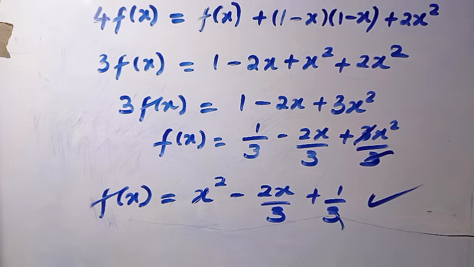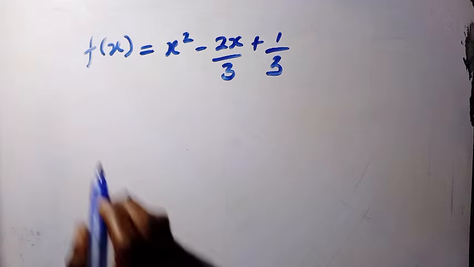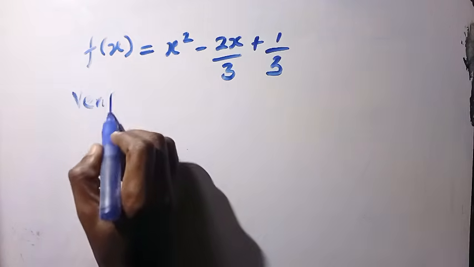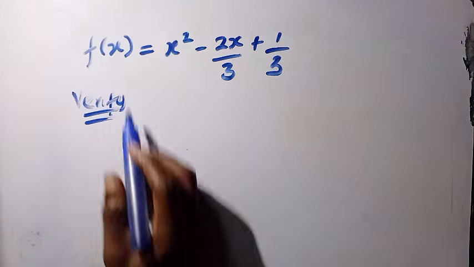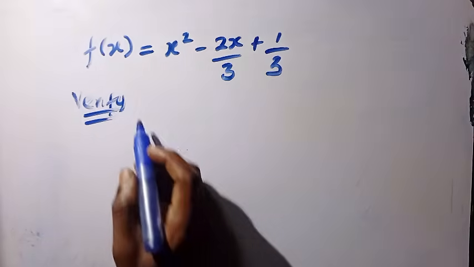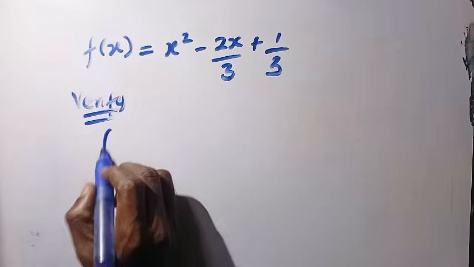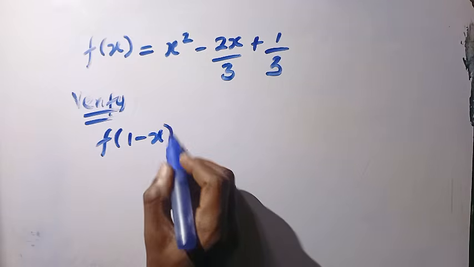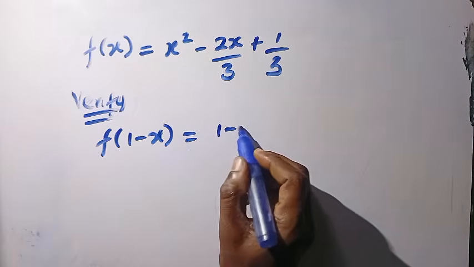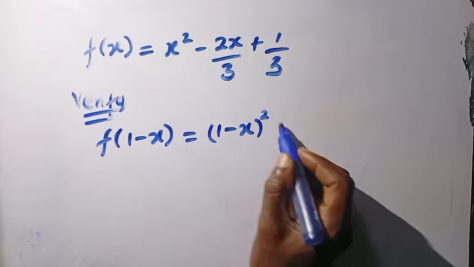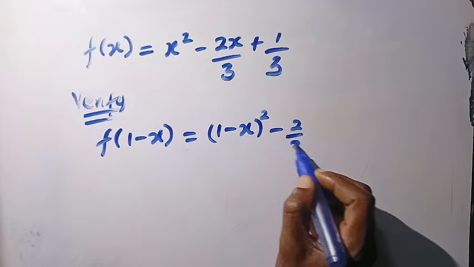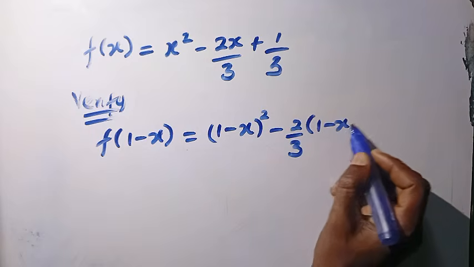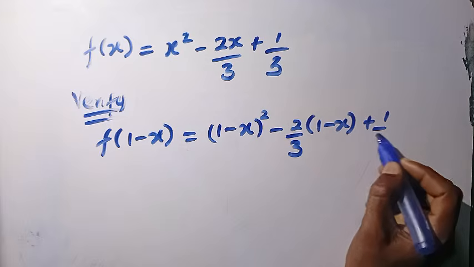So this is actually a quadratic function. But how can we verify this? Let's try to verify this. If this is f of x, suppose I replace x with 1 minus x, we have f of 1 minus x equals (1 minus x) squared minus 2 over 3 into bracket of 1 minus x plus 1 over 3.